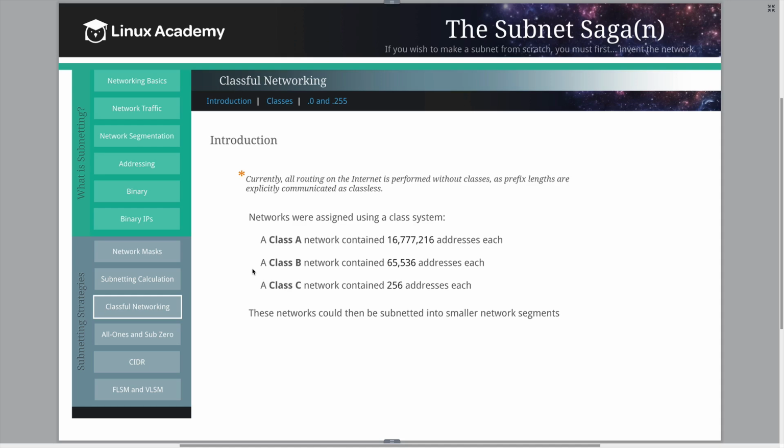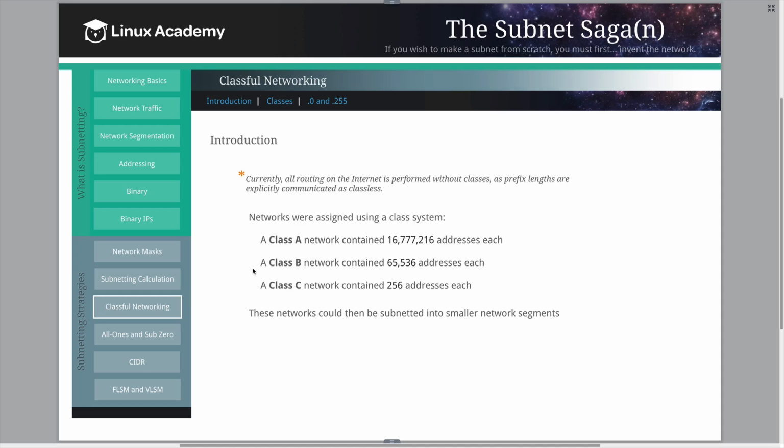And this is a system that came about prior to private IPs really being a thing. It predates NATing, which is network address translation, permitting you to have multiple internal IPs NATed to a single external IP.